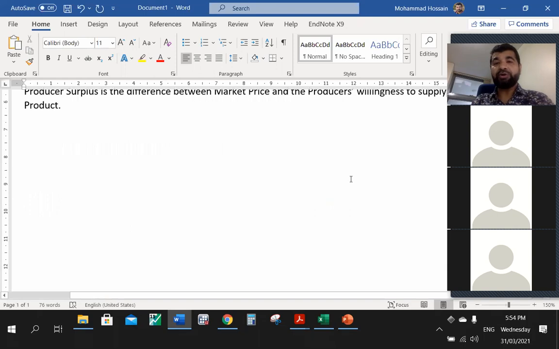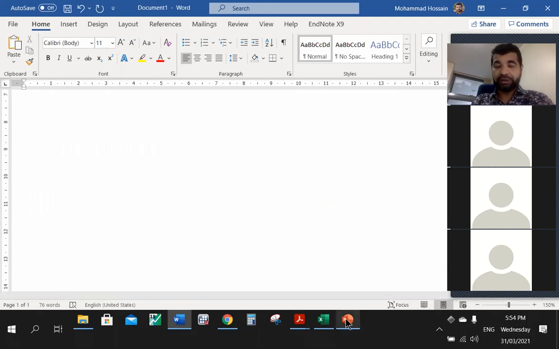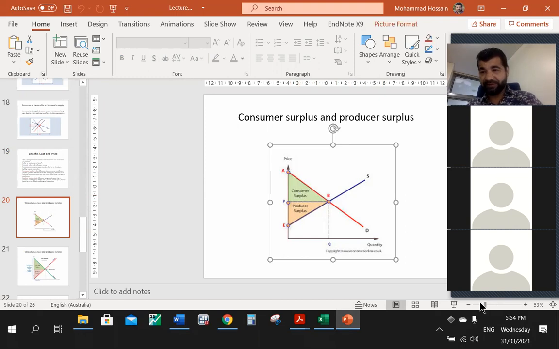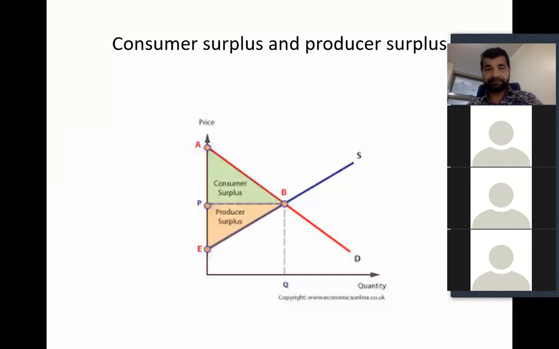Okay, so how do we actually show them in a graph? We show them in this way. What do they mean by this? Have a look. Let's make it bigger. Consumer surplus is the area from the price.